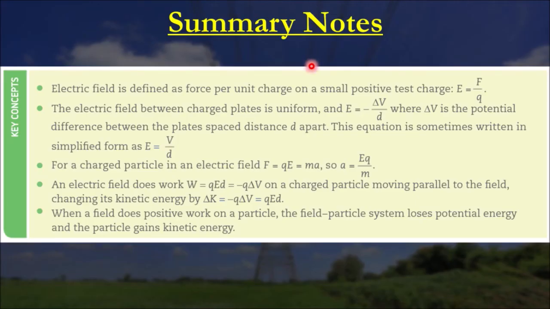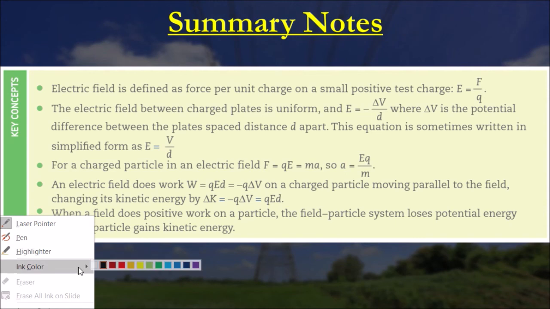All right, so that ends today's lesson about how charged particles behave in electric fields. We talked about how to derive a formula for electric field strength. We looked at how to find the force on the charge. We also looked at how to find the acceleration a charged particle experiences in an electric field.